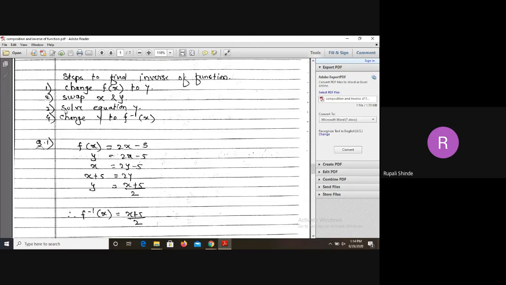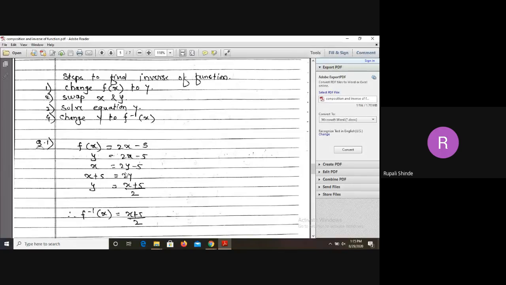Now next one, solve the equation for y. First of all, we have to obtain the equation in form of y. Now here x is equals to 2y minus 5 is there. That's why we can keep this as x plus 5 is equals to 2y. But we want equation in form of y only.